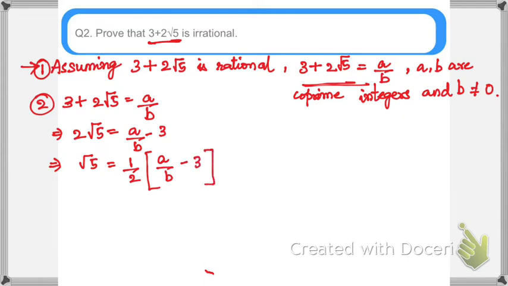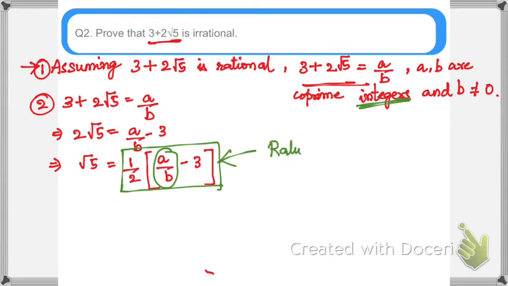Now, since A and B are integers that we have already assumed, this part has to be rational. Now, if this is rational, this root 5 should also be rational, but we know that root 5 is irrational. So, our assumption was wrong that 3 plus 2 root 5 is rational, and therefore this is an irrational number.